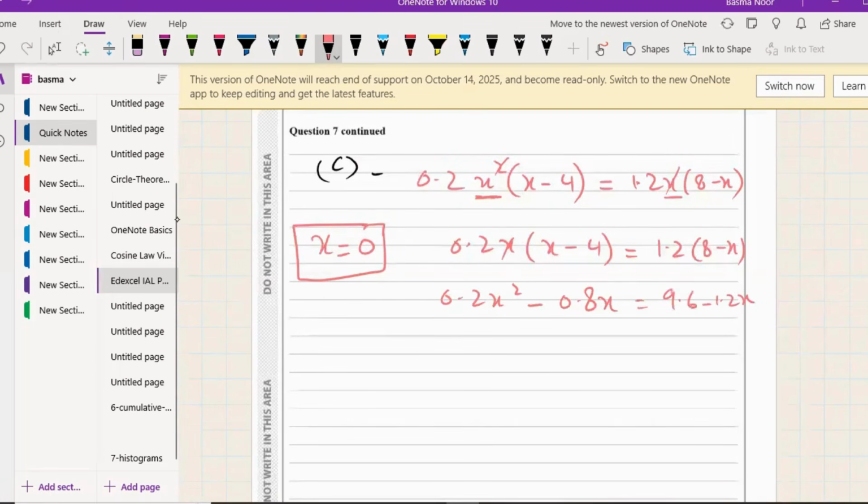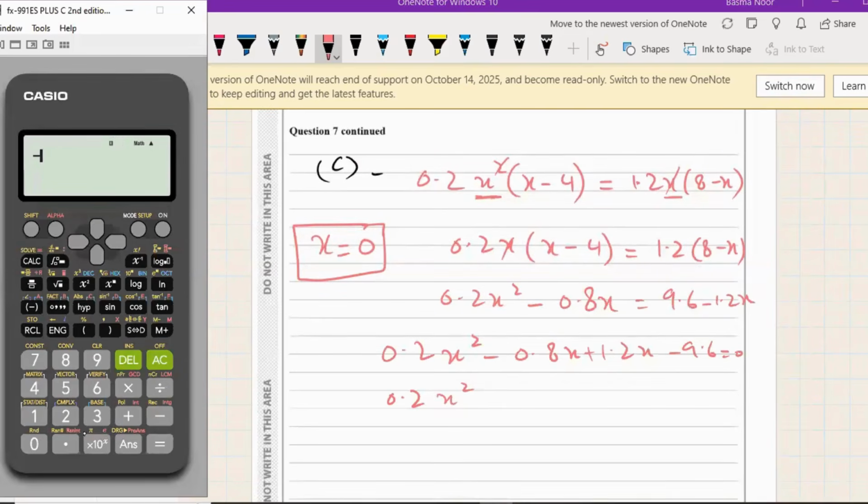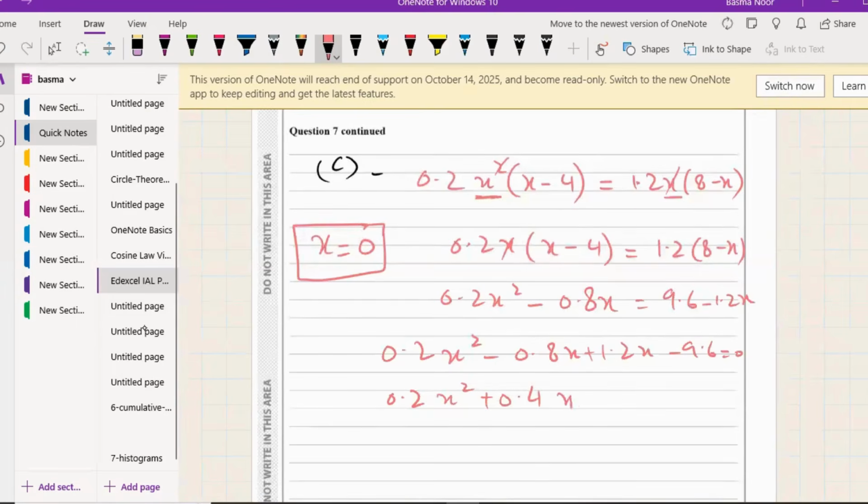Okay, now we'll bring down the whole equation to one side, that becomes 0.2 x square minus 0.8x. This minus 1.2x will become plus 1.2x, and minus 9.6 equals to 0. That becomes 0.2 x square and minus 0.8 plus 1.2 will be plus 0.4, so 0.4x minus 9.6 equals to 0.